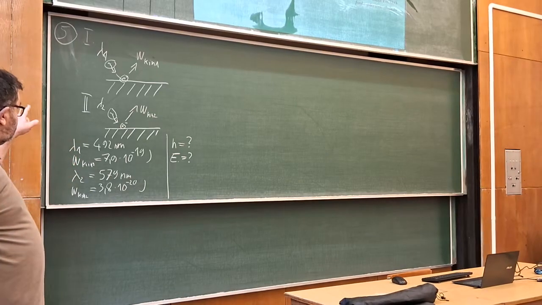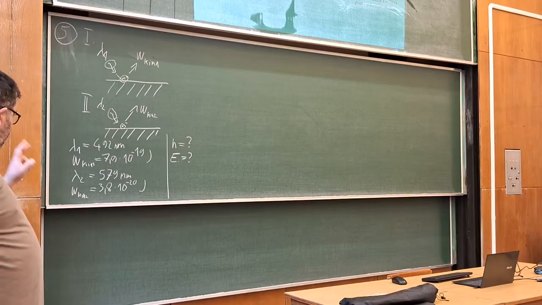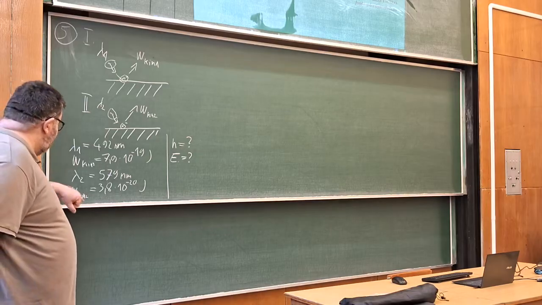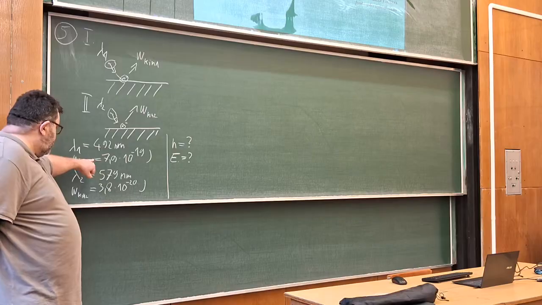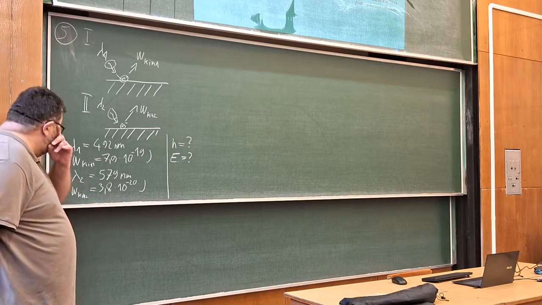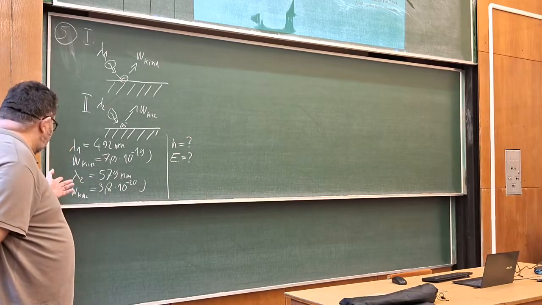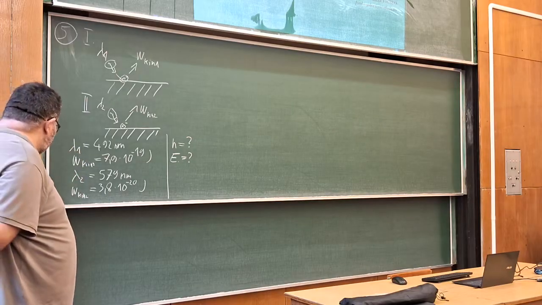So in the first case, the wavelength is shorter, the frequency is higher, and the energy of the photon is also higher. And what you can see is that in the first case, the electron, when it escapes, has higher energy than this one here. This is almost 20 times higher in that case.